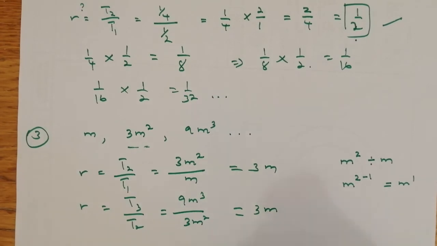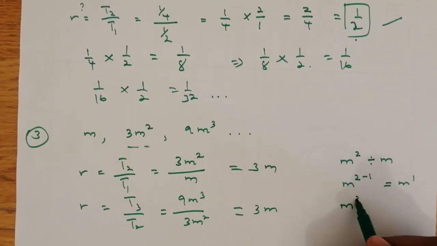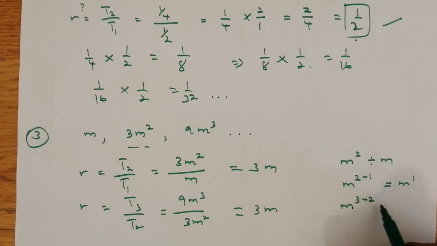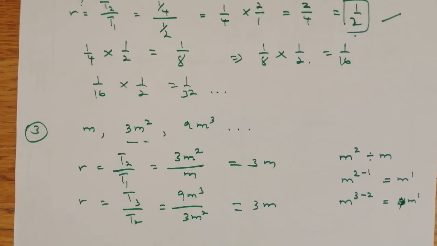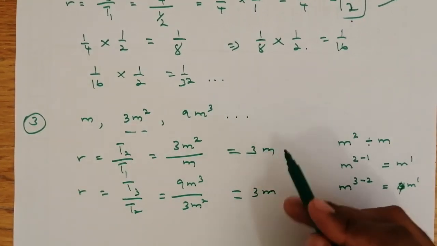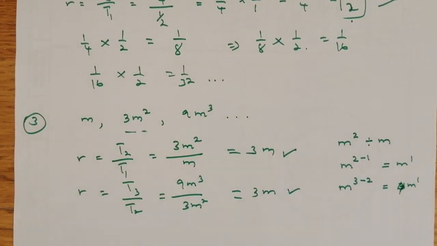You can see that? So this one is going to be m cubed minus 2, right? On top there. So that's going to be m to the 1. You see? So I just wanted to remind you guys on how you do that. Okay, so basically there is the constant ratio. You know what I'm saying? So basically this also is a geometric sequence, right?